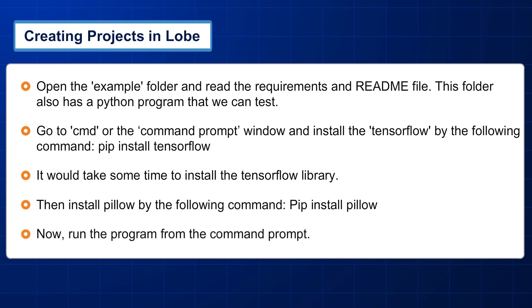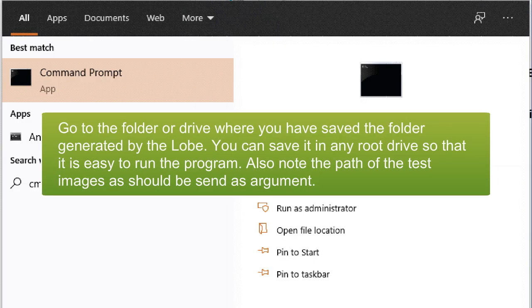Now run the program from the command prompt. Go to the folder or drive where you have saved the folder generated by the Lobe. You can save it in any root drive so that it is easy to run the program. Also note the path of the test images as it should be sent as argument.